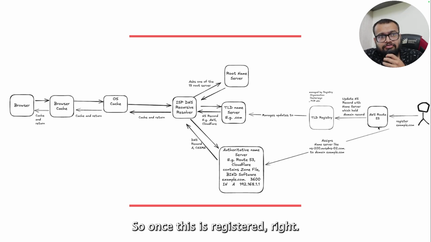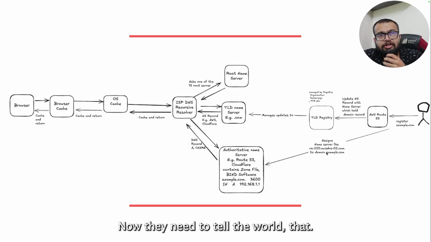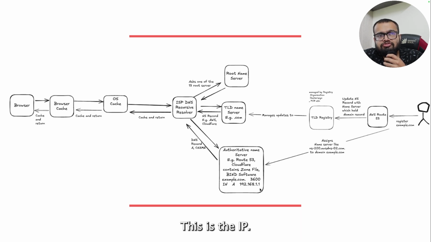Once this is registered by AWS Route 53, now it is their own server. Now they need to tell the world that there is a new domain which is registered and corresponding to this is the IP, so you can reach us over here. To whom will they tell? They will tell this to the TLD registry.